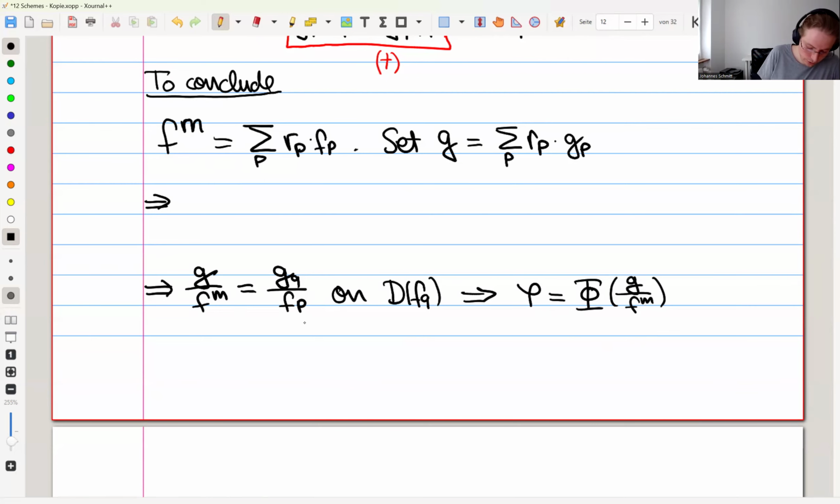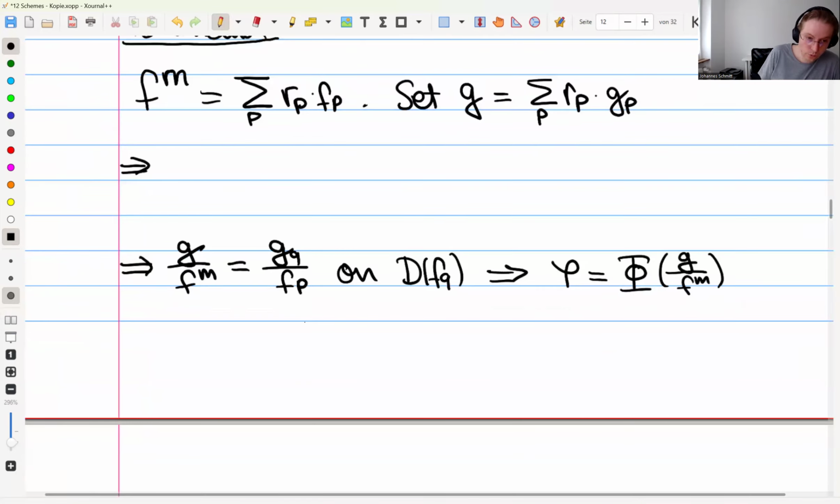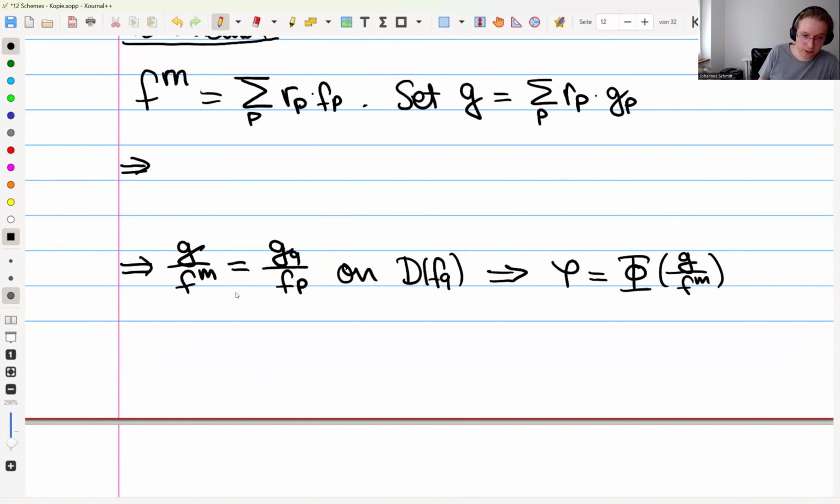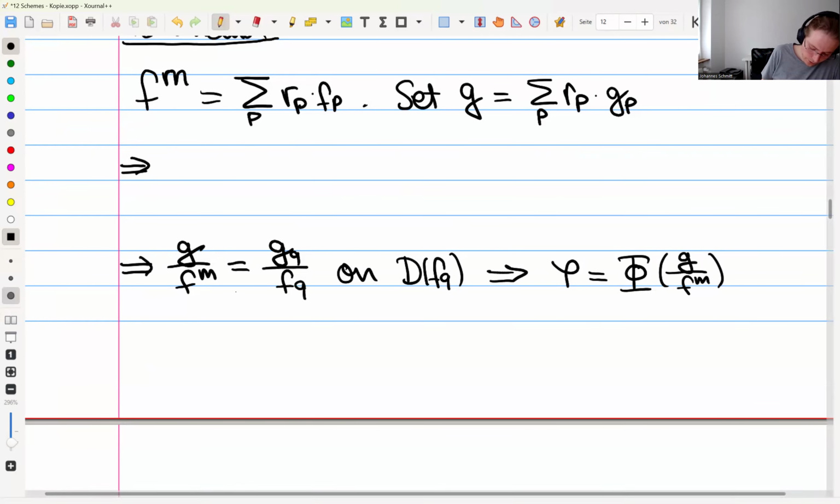And then what we do is write this thing out and check that it is true after we clear denominators. So in other words, if we take, sorry, this should be an fq.